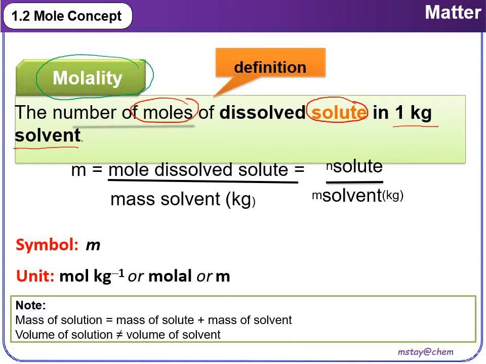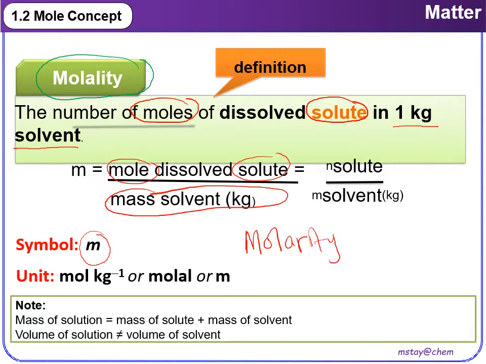So just now it was volume of solution. This time molality is mole of solute over mass of solvent in kilogram. The symbol for molality is small m, while the symbol for molarity is capital M.